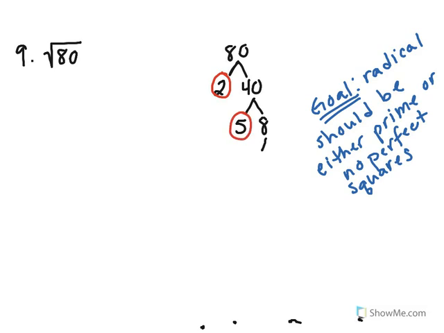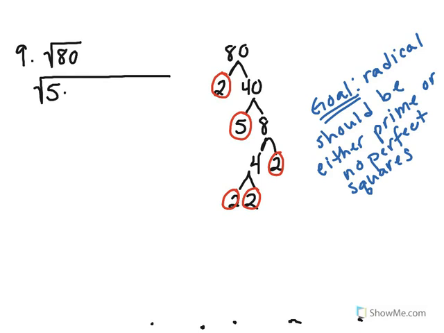And then 8 is going to be 4 times 2, which 2 is prime, and then 4 is 2 times 2, and both of those are prime. So I'm going to go ahead and rewrite this as the square root of the product of all of these. I'm going to write 5 first so I can keep all of my 2's together, and there are 4 of them. So 1, 2, 3, 4.